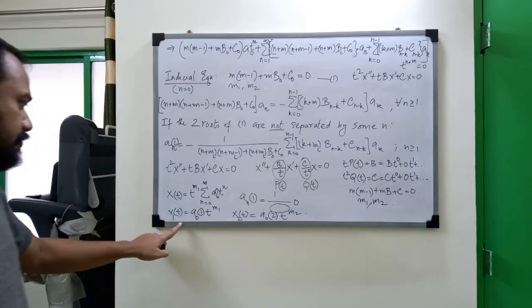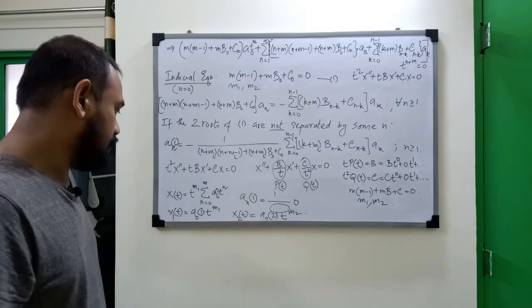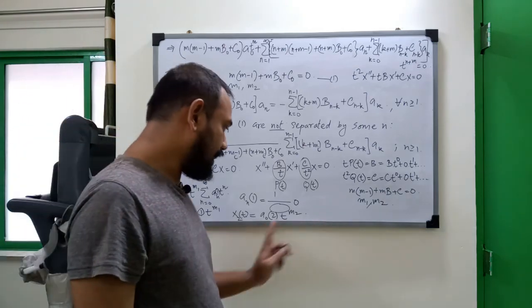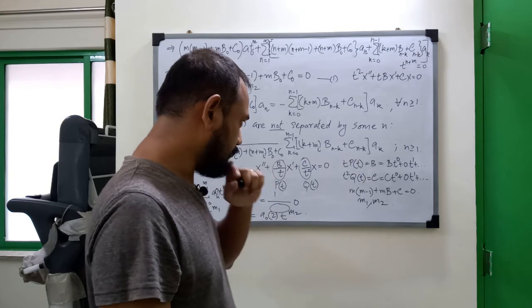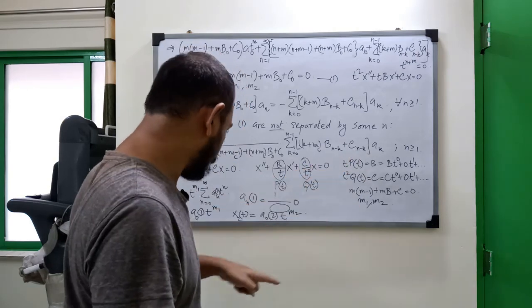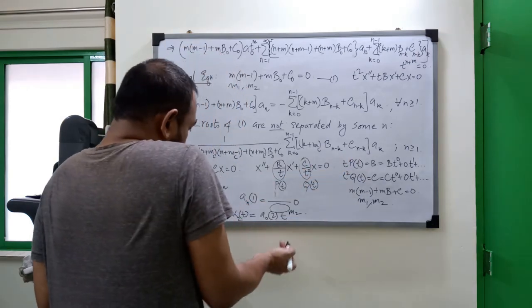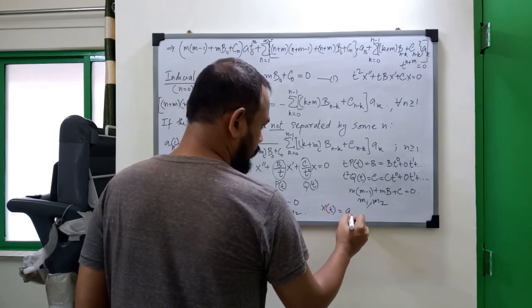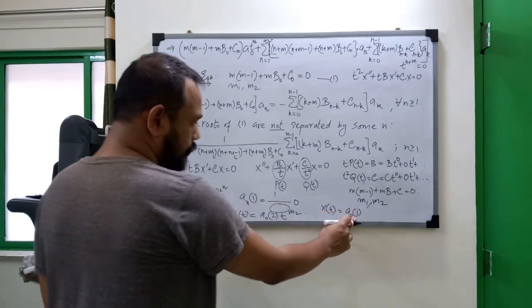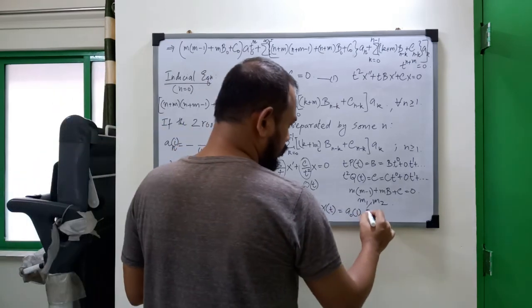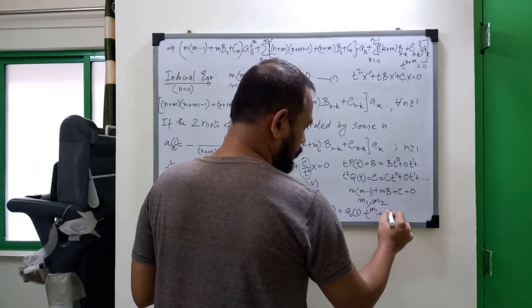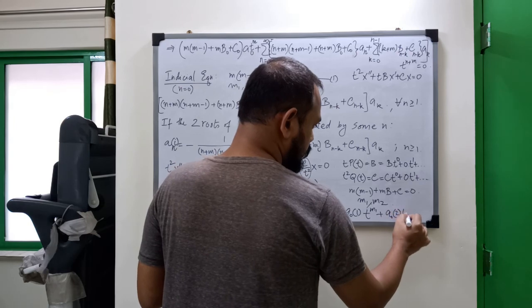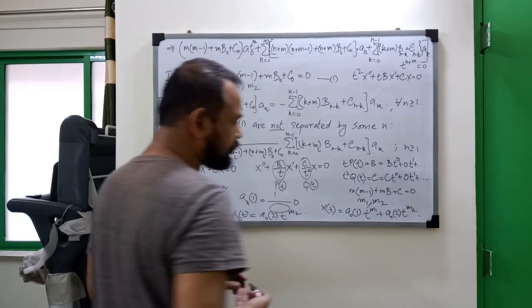If you remember, these two were actually the solutions of the Cauchy-Euler form of differential equation, and the general solution is just a linear combination: a_0^(1), which is a different coefficient from a_0^(2), t^m1 plus a_0^(2) t^m2. Okay, that's the general solution.